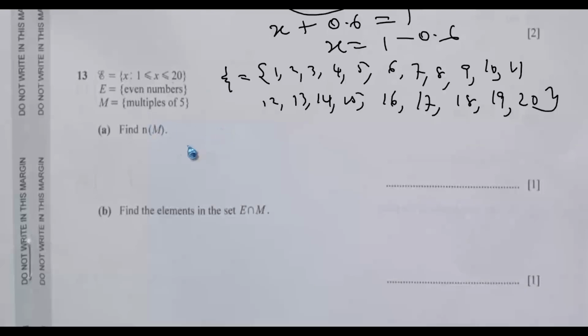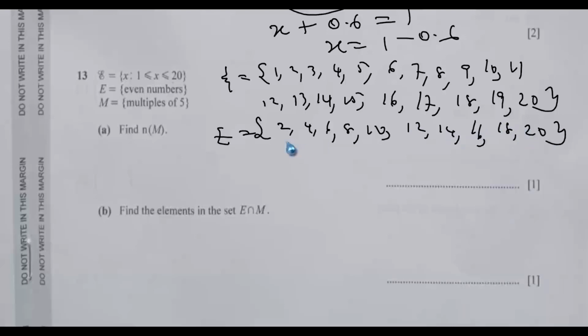So set E will be the set of even numbers. So that means we're going to have 2, 4, 6, 8, 10, 12, 14, 16, 18, and 20. Then set M will be multiples of 5.